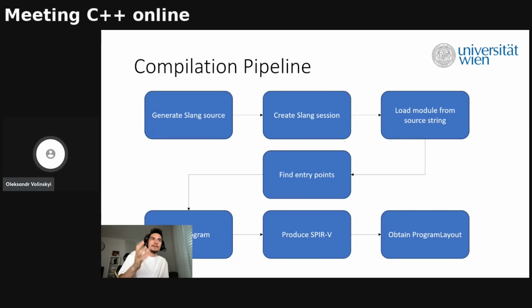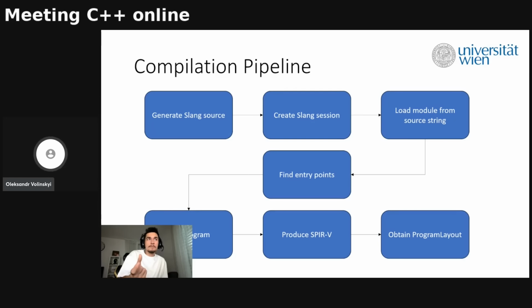Then the compiler finds the requested entry points, for example, the vertex shader entry point and the fragment shader entry point. After that, the program is linked, and the compiler then produces the SPIR-V output. So after the linking step, we get the actual compiled shader, in my case SPIR-V.